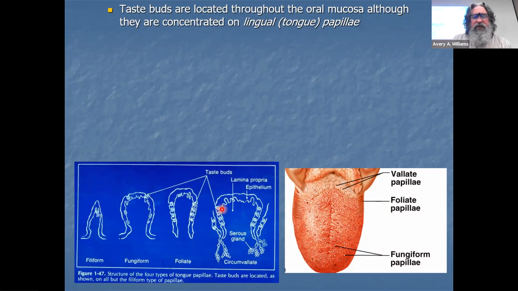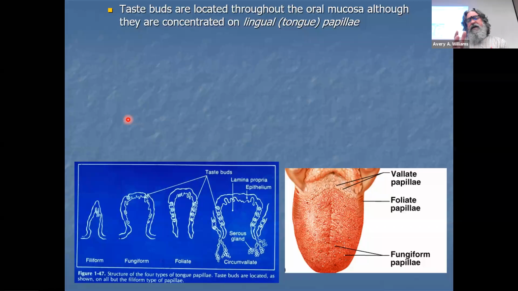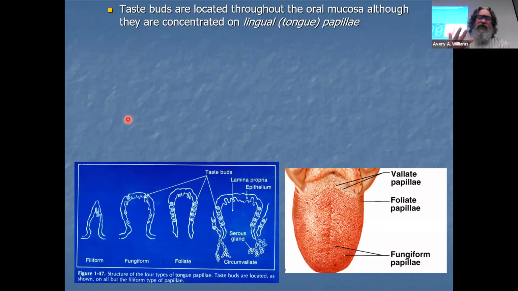But there's 4 different shapes or morphologies associated with the tongue papillae. And like I said, most of the taste buds that you have are embedded on these papillae, okay? Most of the time. In mammals, I think there's 5 that we usually recognize, but in humans there's only 4.